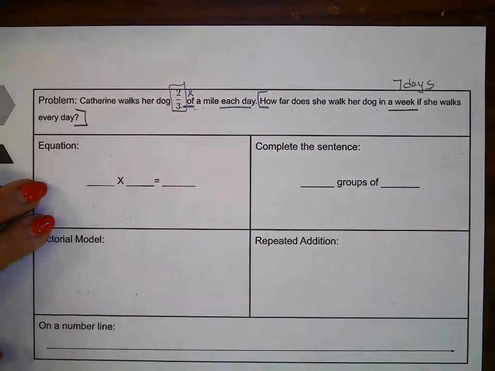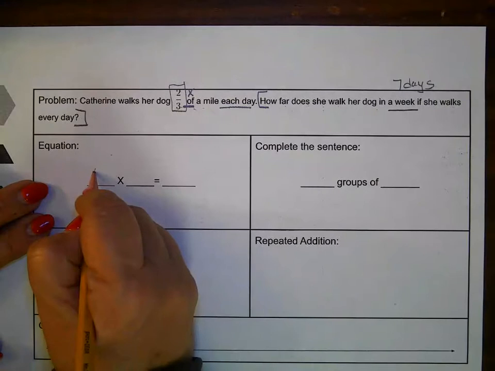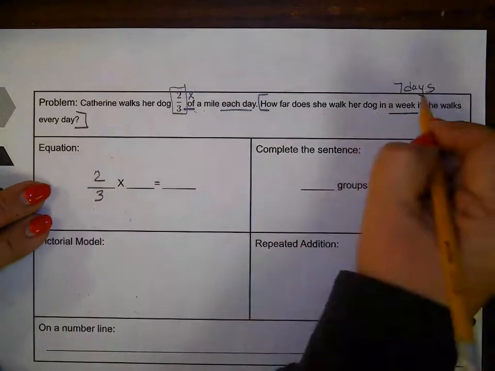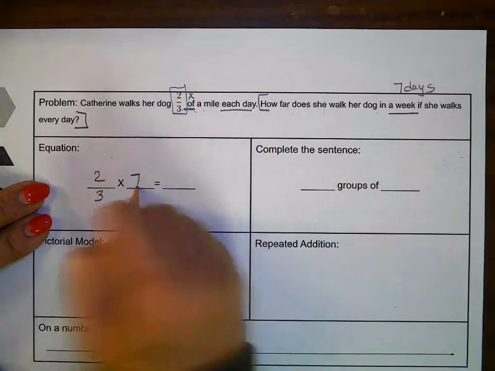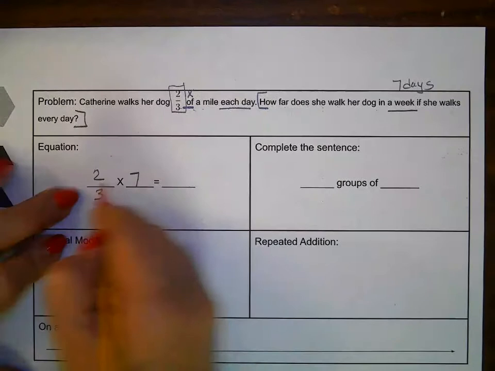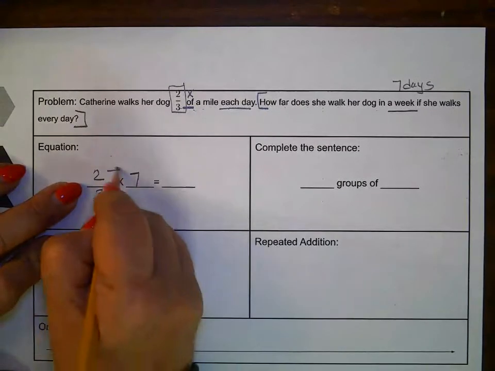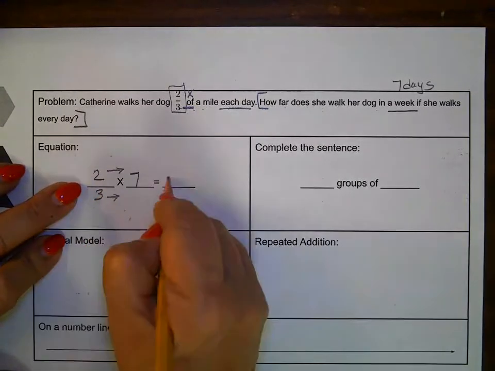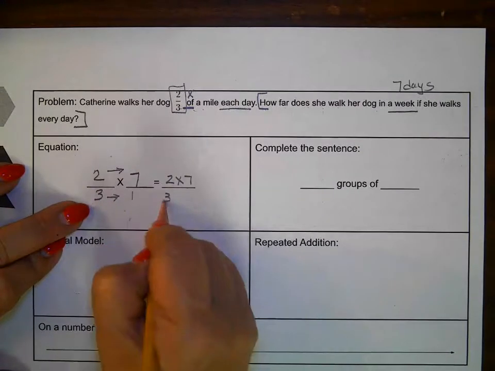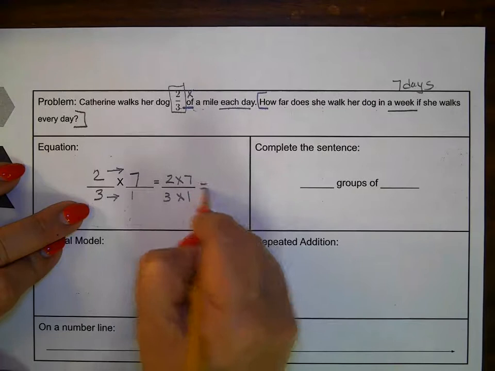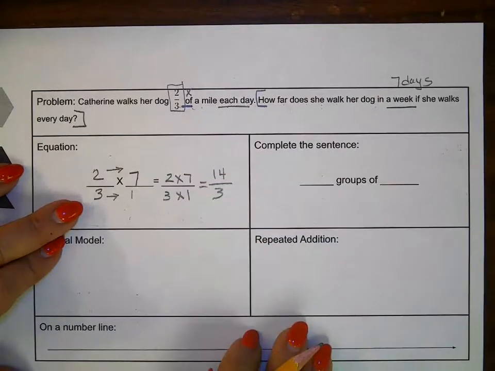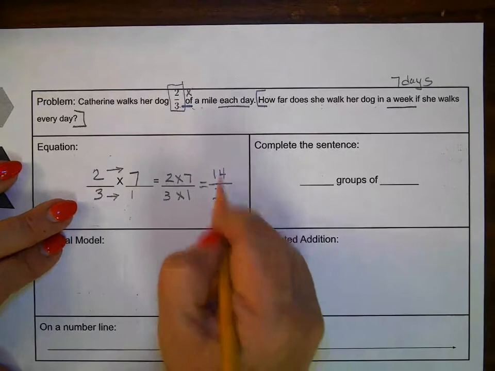So my equation then is going to be that she walks her dog 2/3 of how many days? 7 days. Now I'm going to place this. So some of you are thinking you can actually do this here. Remember that you're multiplying. So 2 times 7 over 3 times 1, and that makes it 14/3. I'm going to divide this here.